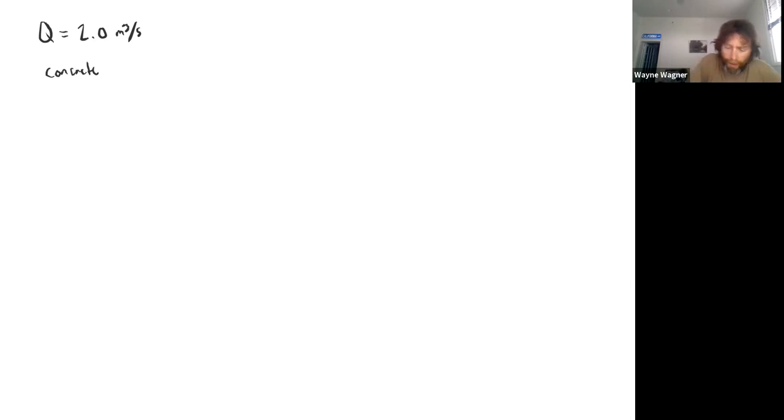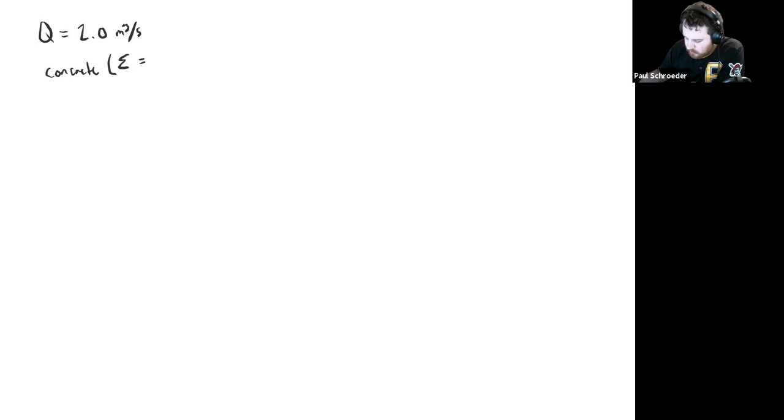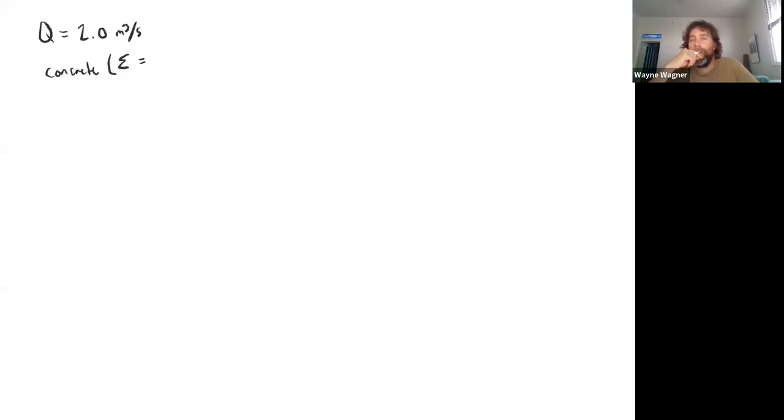Now, what's annoying about concrete is the roughness. If you look at your Moody diagram, whichever one you have, does it have a roughness for concrete? Well, it has two, right? One that's concrete lined, and then one that's just concrete.